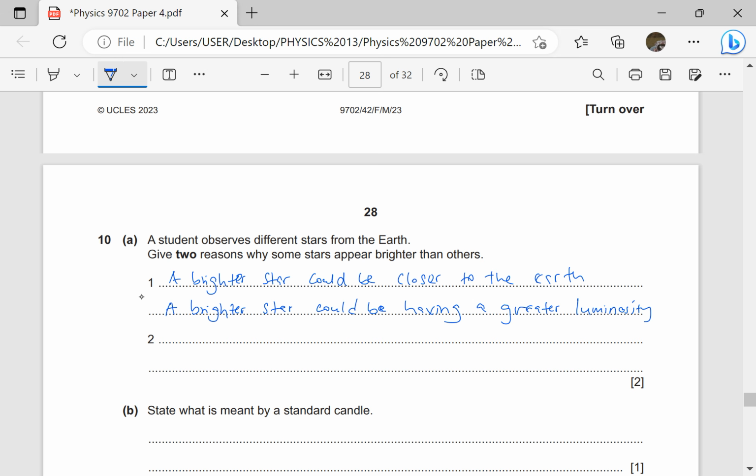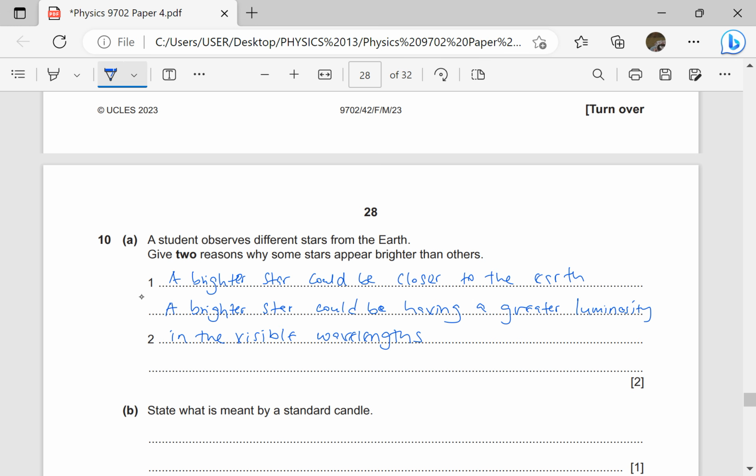It could be emitting more power in the visible wavelengths, in the visible spectrum. That's why we can see it as being bright, because we can't see it as being bright when it is not emitting power or maximum power in the visible spectrum.